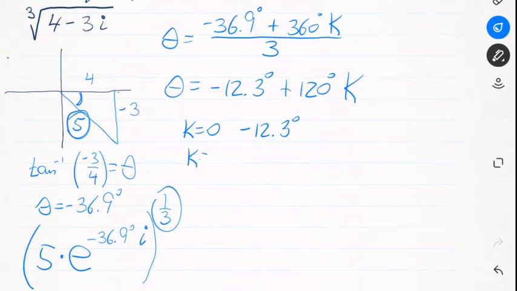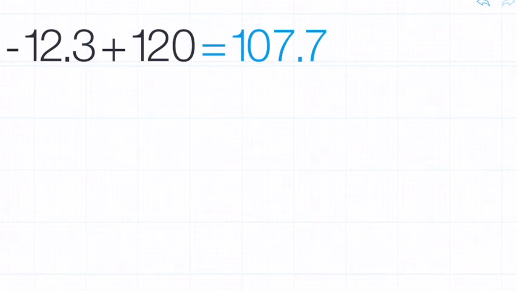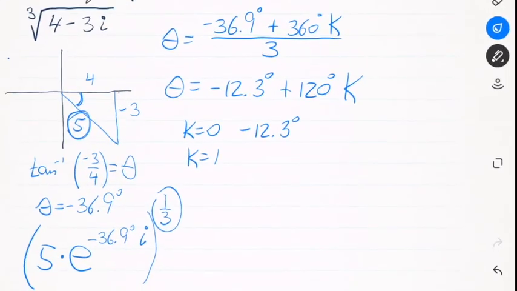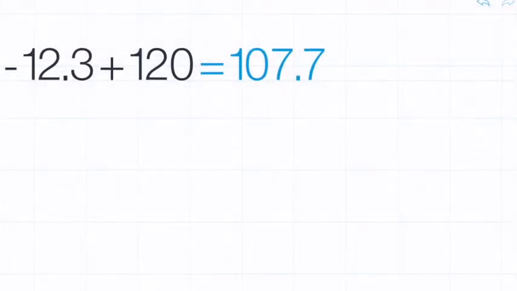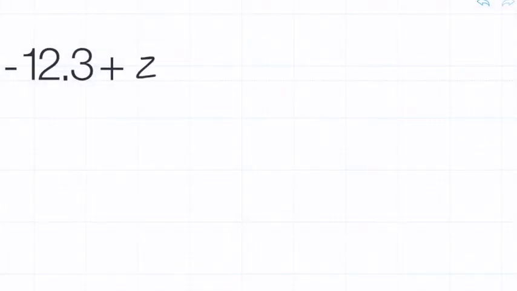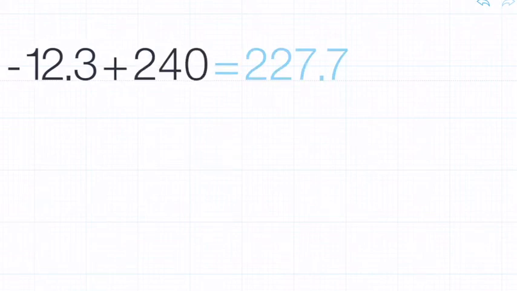If k is equal to 1, we're going to get 107.7. And then if we add on 240, which is 2 times 120, we're going to get 227.7.